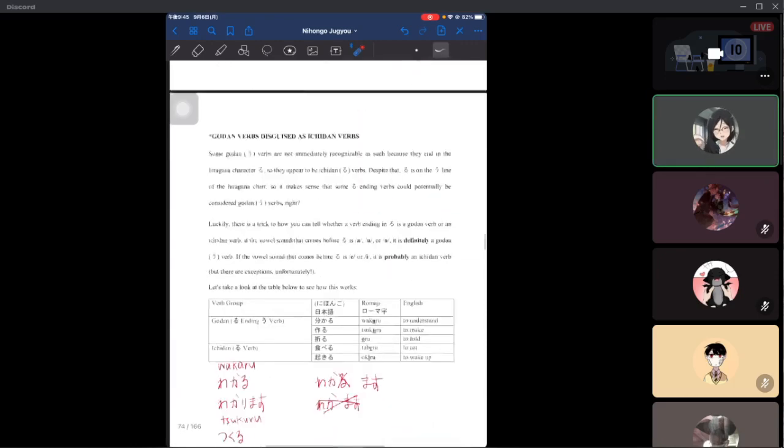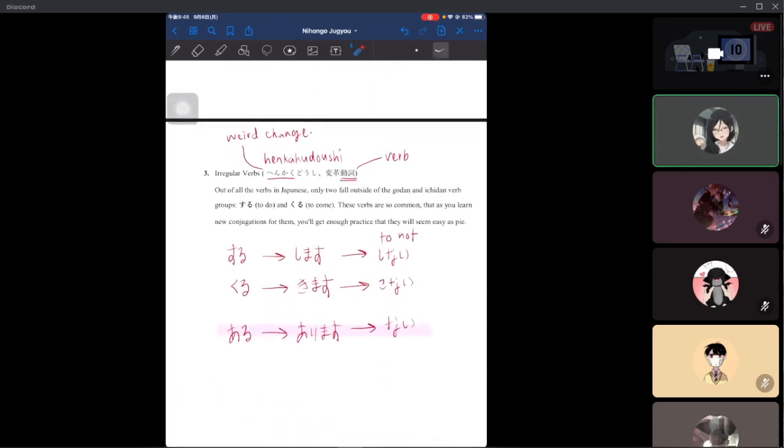And lastly, we have the irregular verbs, which means a weird change actually. This one is basically 2 only, which is suru and kuru. And there is also another one which usually becomes aru. So 3 basically: suru, kuru, and aru. Suru means to do.